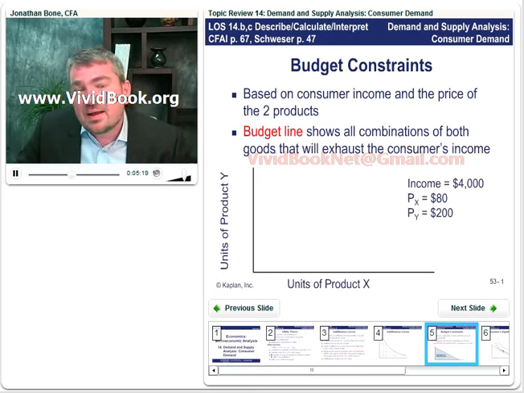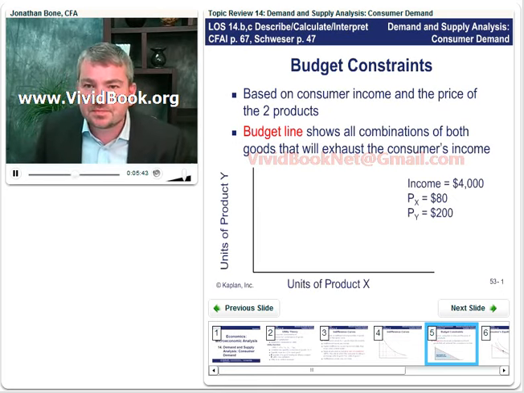Well, the maximum quantity of X they can consume assumes that they consume no Y. So essentially, if you take your 4,000 and divide it by 80, it would tell you the maximum quantity of good X that could be consumed. Likewise, by taking your $4,000 income and dividing it by $200, the price of good Y, it tells us how much of good Y we could consume in total. So let's do that.